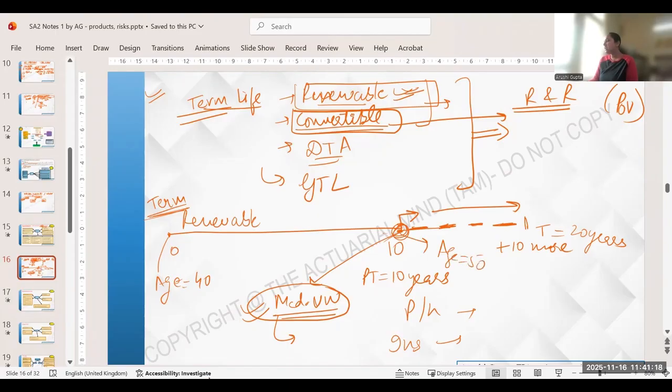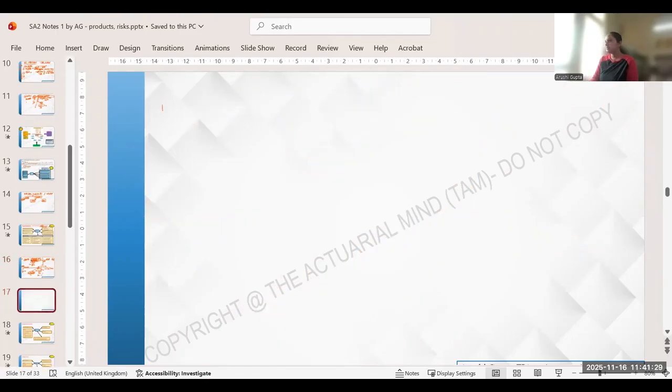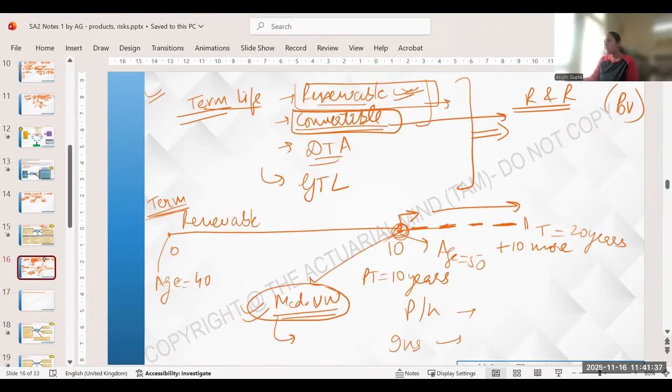So when they land up at this point, if they go into the market to buy a cover from anyone else, they will be medically underwritten. Yes or no? Yes. Okay, so like that, you have to say yes and no. So good, there is slight improvement in your responses.